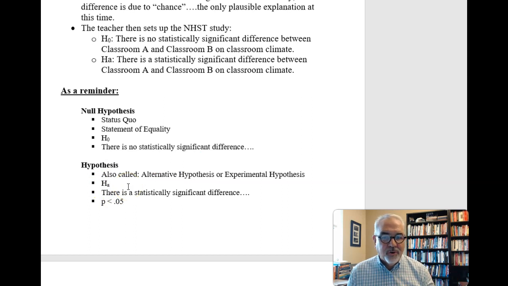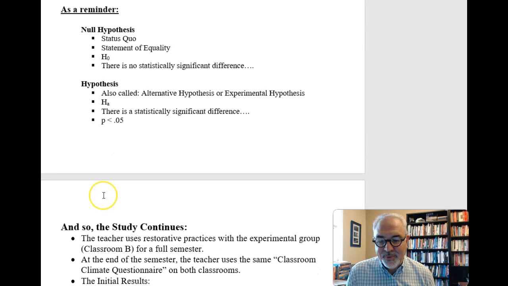So this is an alternative hypothesis, and we're basically saying that there is a statistically significant difference. What we're looking for is a p-value. That's what we calculate when we do statistical testing. We calculate a p-value to see if it's less than, for social science, 0.05. So let's jump back into our study.